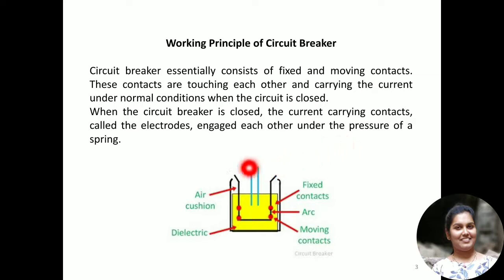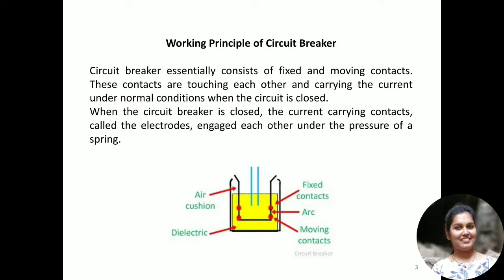These contacts are touching each other and carrying the current under normal condition when the circuit is closed. They just work like a switch action, that is, they help in passing the current through them. When the circuit breaker is closed, the current carrying contacts, which are now called electrodes, engage each other under the pressure of a spring.